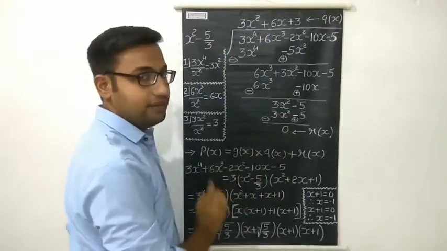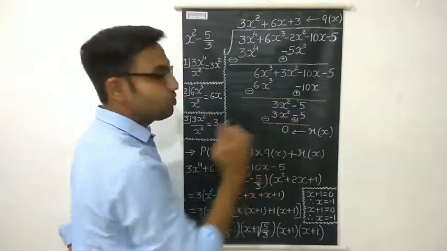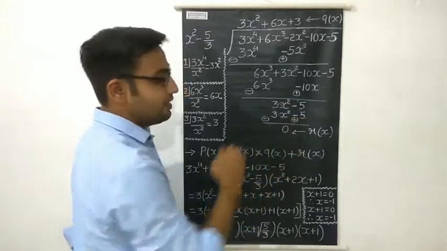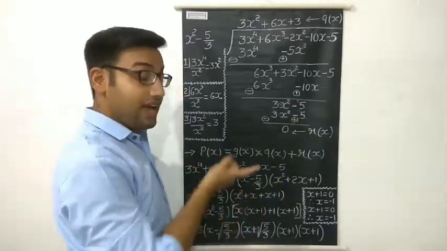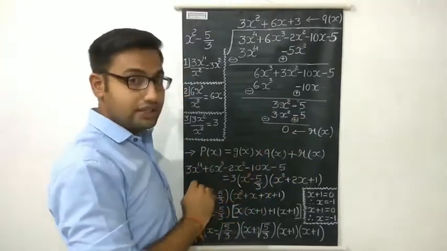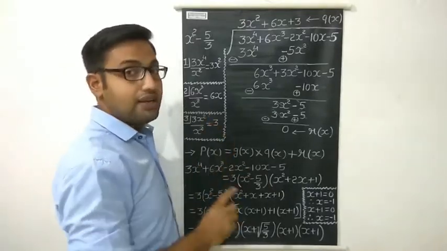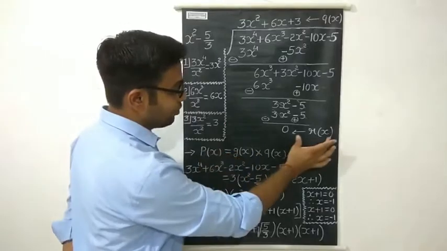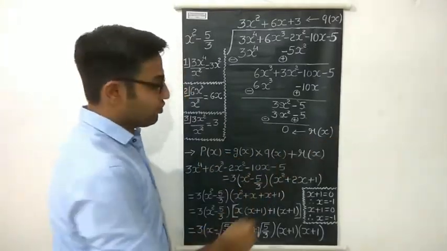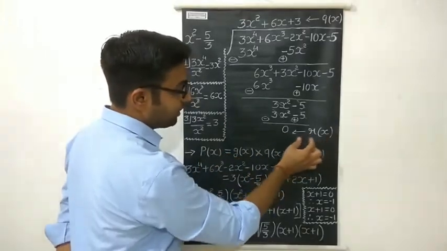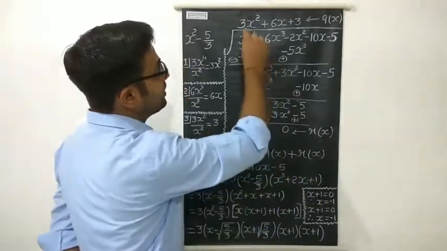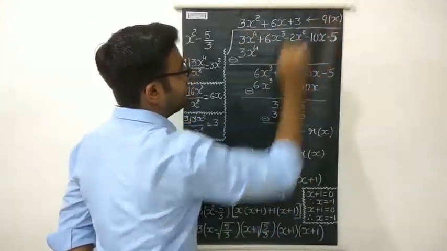By changing the sign, these two terms also cancel and our remainder is 0. As we showed in the previous sheet, by dividing 19 by 15 the remainder is 0. In the same way, here also the remainder is 0. So our r of x polynomial is 0, and this is now our quotient polynomial.